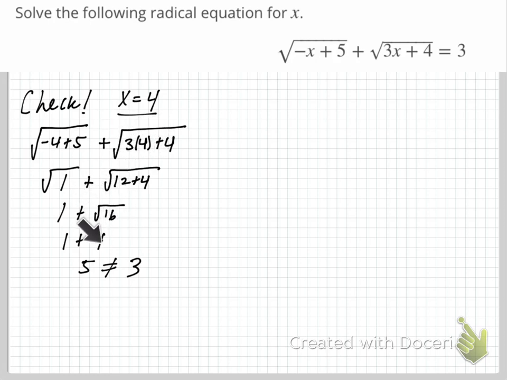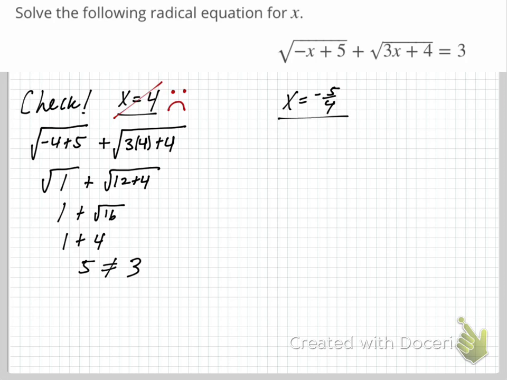The square root of 16 is 4. Unfortunately, it's 5. So it's not one of the solutions. So we cannot include it as one of the solutions for the radical equation, even though it was a solution for the quadratic equation.